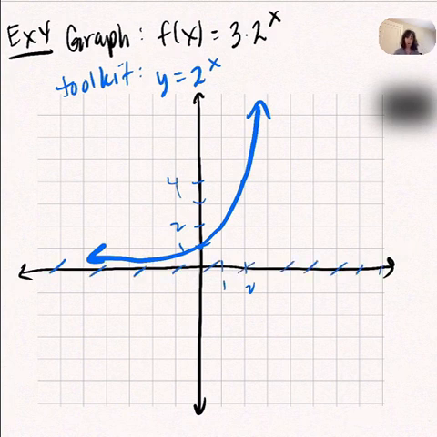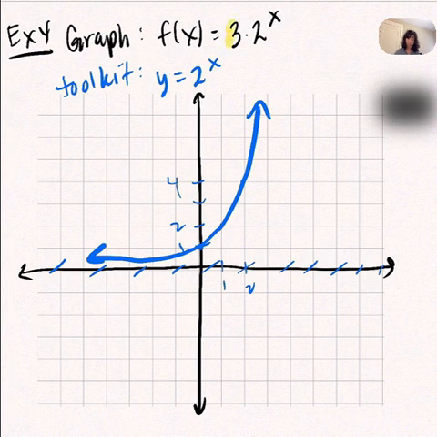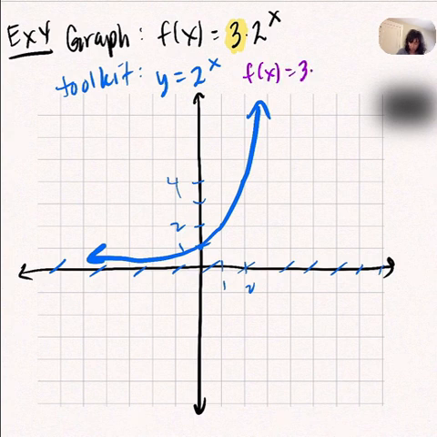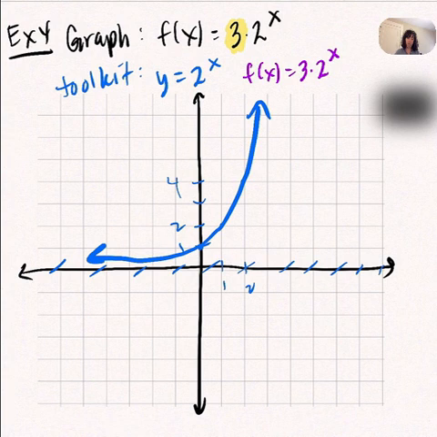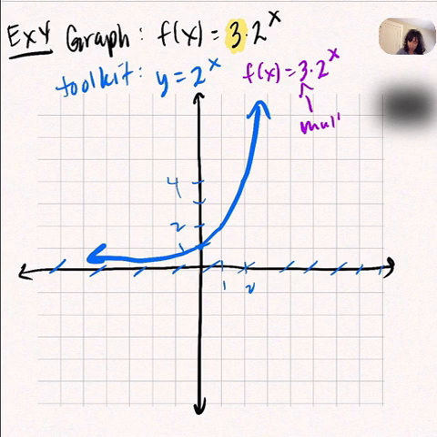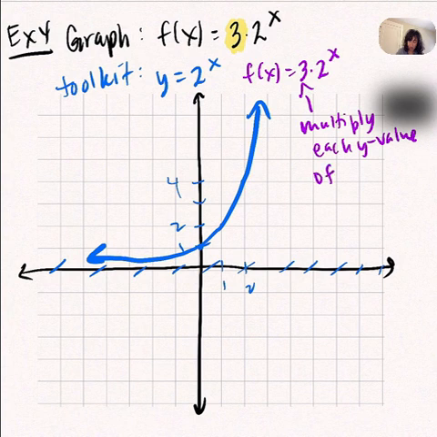Okay, now what happens when I multiply this toolkit function by 3? So what happens when I do f of x equals 3 times 2 to the x? Every y value is multiplied by 3, so that's that sort of transformation. So what we want to do is multiply each y value of y equals 2 to the x by 3.